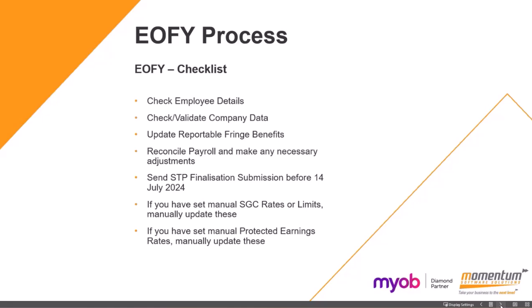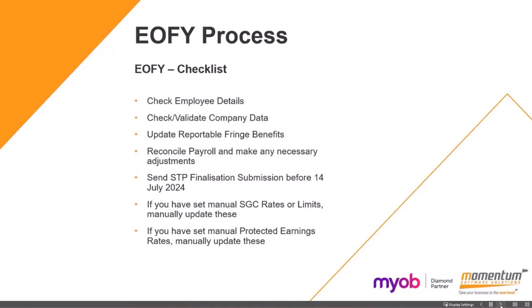Update reportable fringe benefits. Employers who need to report on fringe benefits need to process an additional pay run to complete their reportable fringe benefits. Then reconcile payroll and make any necessary adjustments. Before we can submit the STP finalization event, we need to make sure that everything is reconciling.